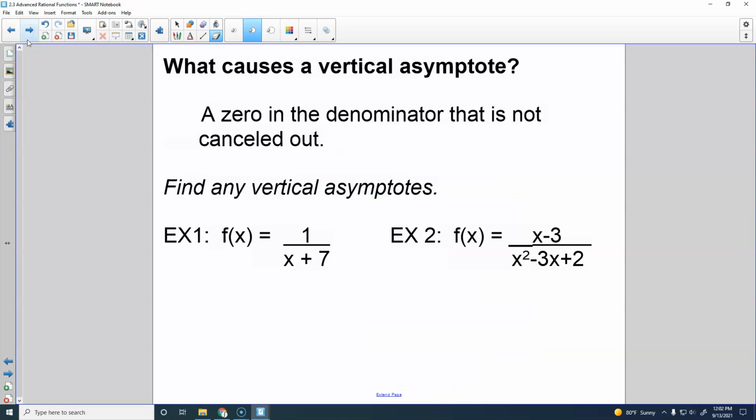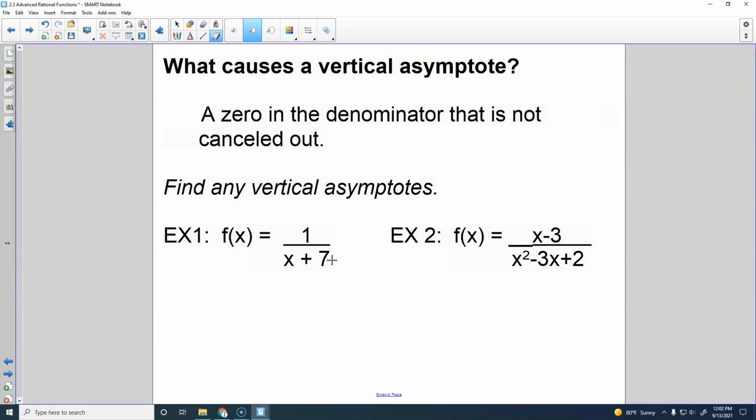So I'm just throwing that vocabulary out there in case you see a worksheet that may talk about that. I can't remember if I put it on today's or not. So what we need to know is what causes a vertical asymptote, because what we want to know is, just looking at the equation, where are the vertical asymptotes, even without graphing, right? Some of the more simple ones you can think of just by thinking of shifting the graph up, down, left, right. So like if I look at 1 over x plus 7, that's a rational function.